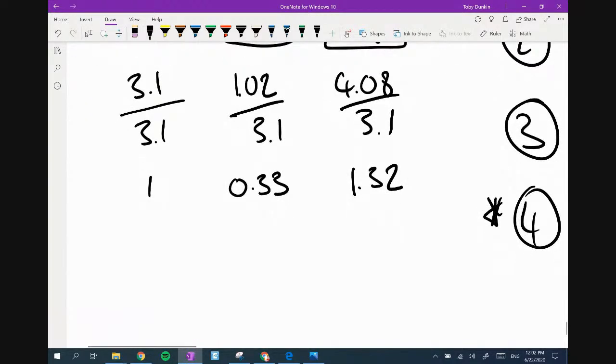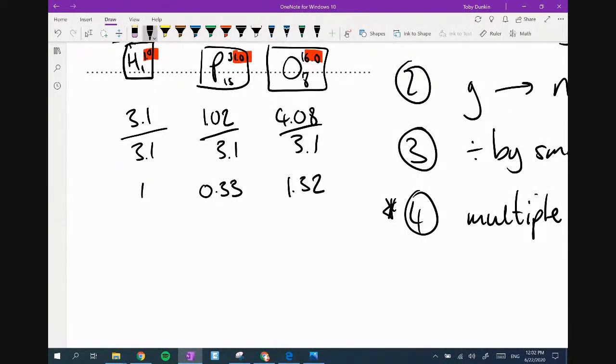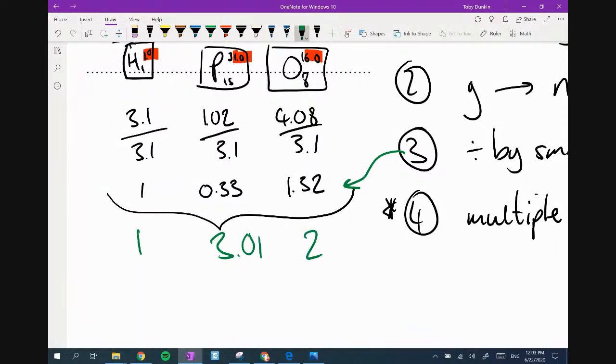Right, now this is where the fractions come in, because usually this point here is the end of step number 3. Usually you'd get whole numbers like these. You might get 3.01, but that's still just 3. You round those. The problem is you can't round these. With the fractions, we need to multiply.